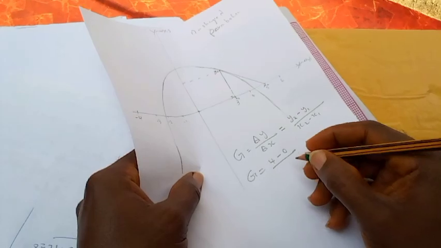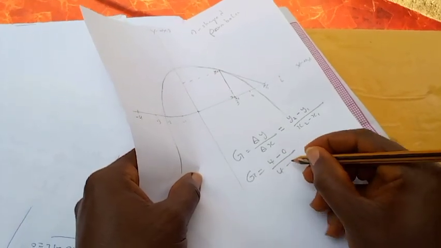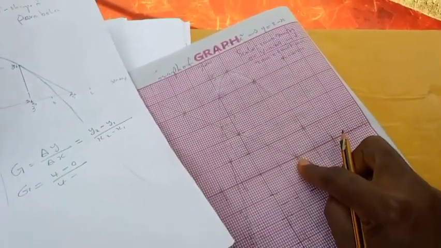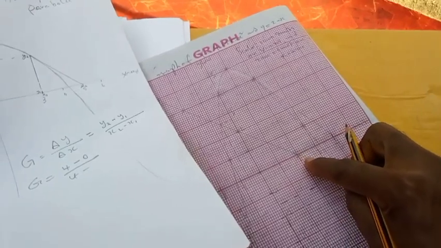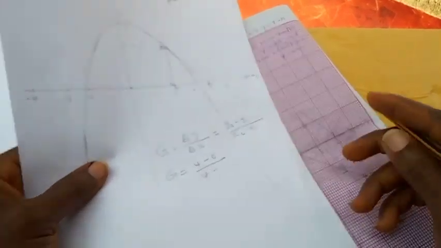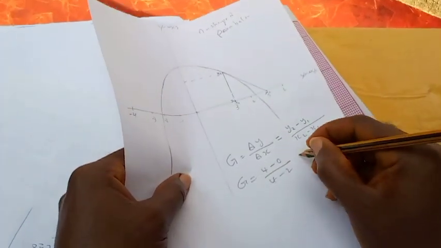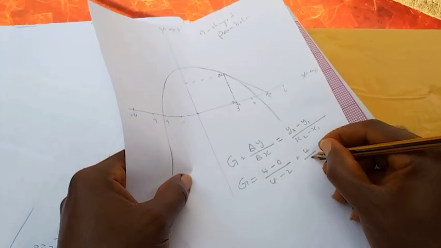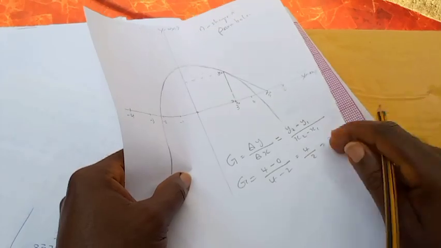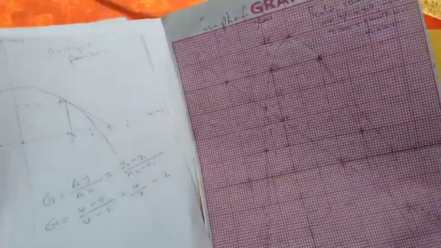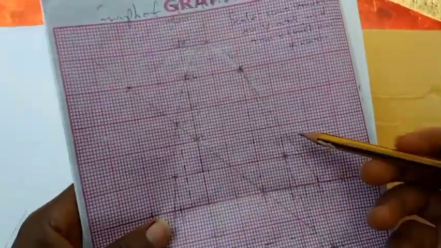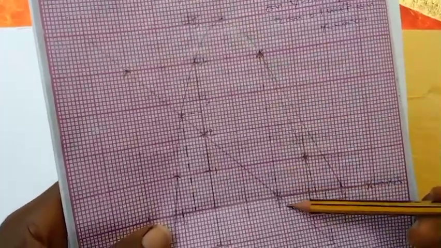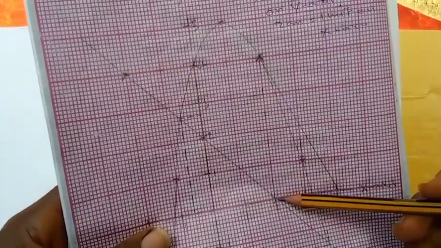It mustn't happen like that all the time. 4 minus then our x1 which is 2. So obviously this is 4 over 2, which is equal to 2. So this is the gradient of this curve calculated at that point where x is 2. I'm sure that is very clear.